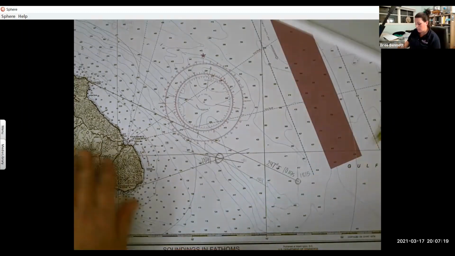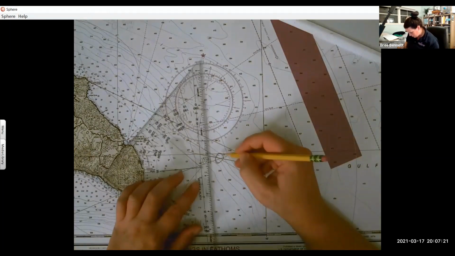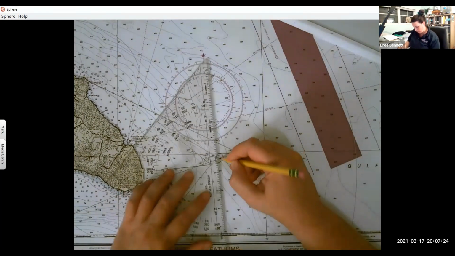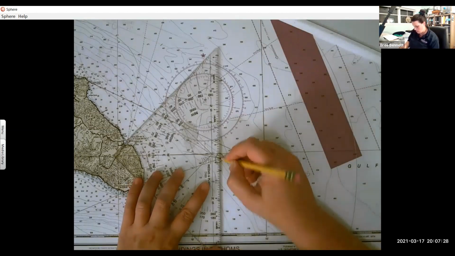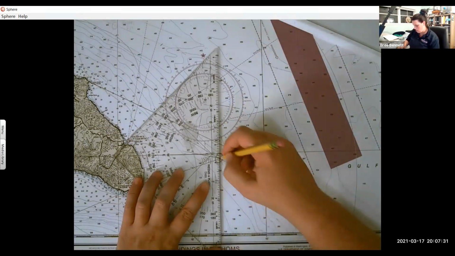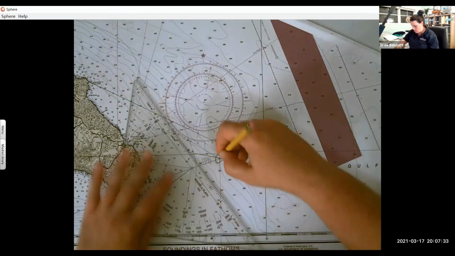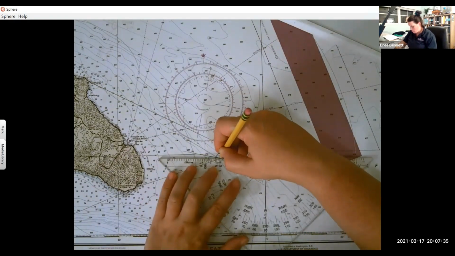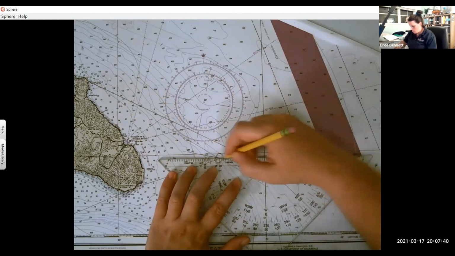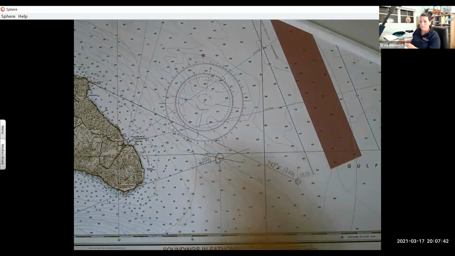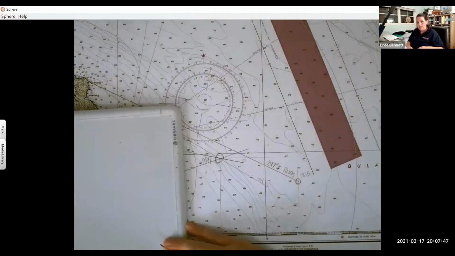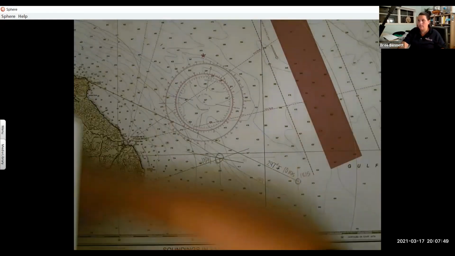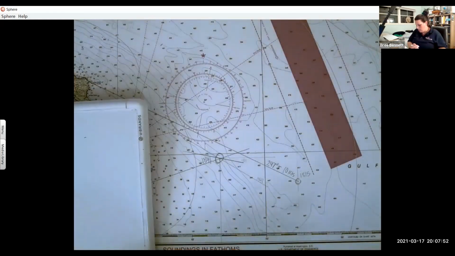So I want to plot that, make sure I have it right. What is the latitude and longitude you guys got? Practicing our plotting.